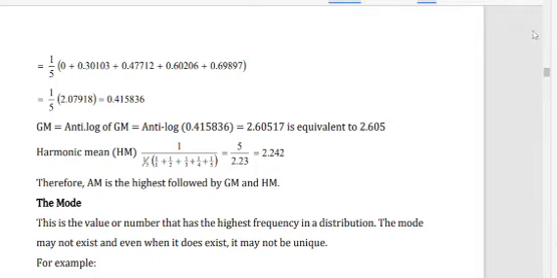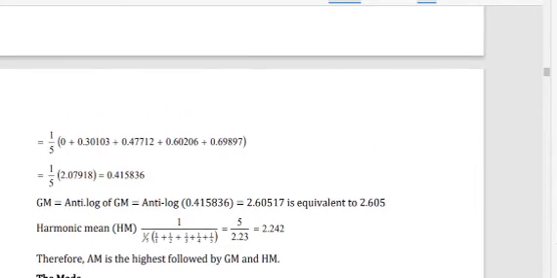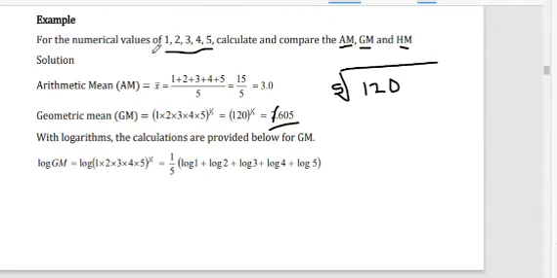Then for the harmonic mean, we are going to do this. The number of terms is 5.